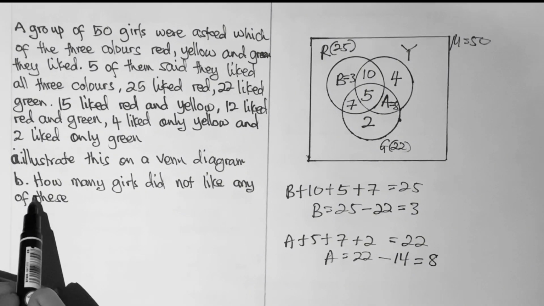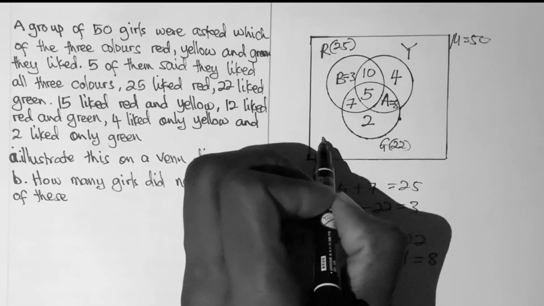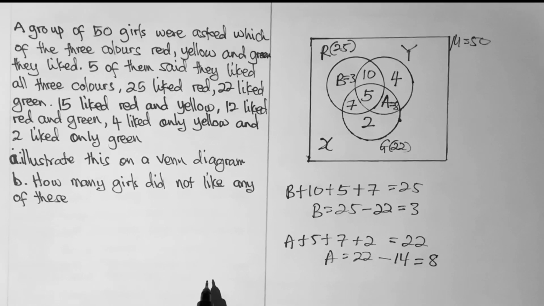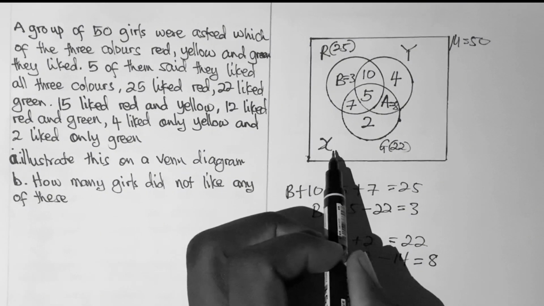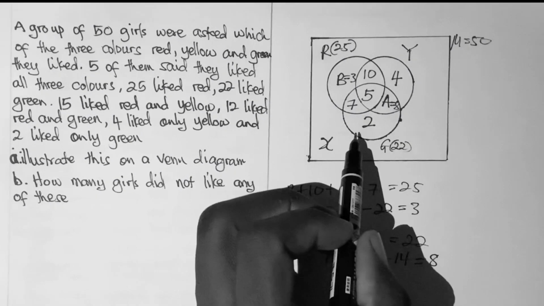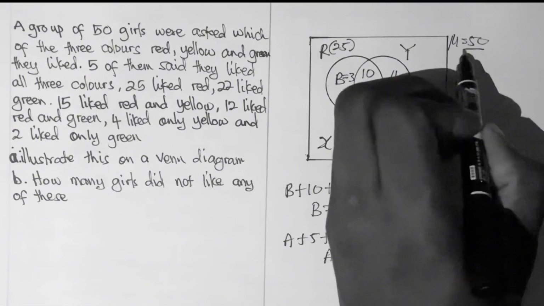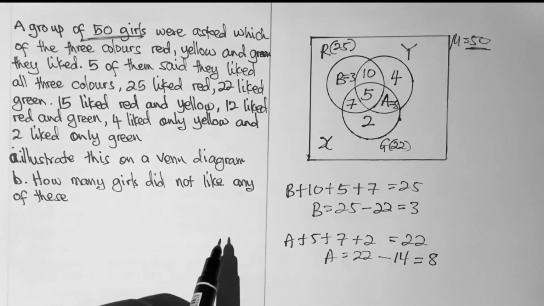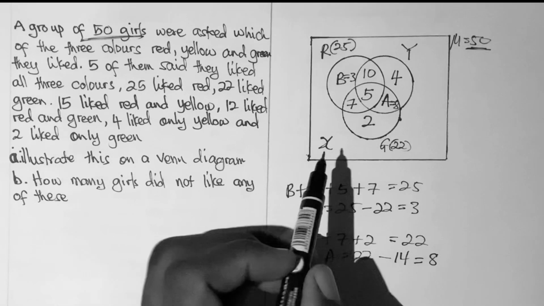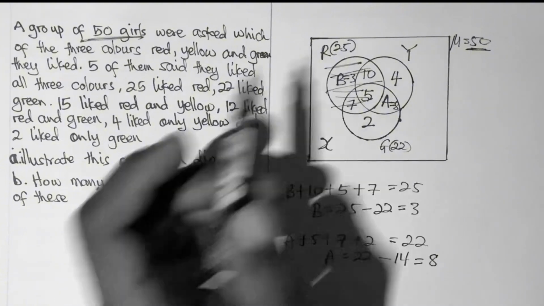The second part asks how many girls did not like any of these. So we are talking about this portion. Let's represent it with X. To find X, if we sum everything in this Venn diagram, it must give us 50, because there were 50 girls that were asked these questions. Look at this: the whole of this region is 25.